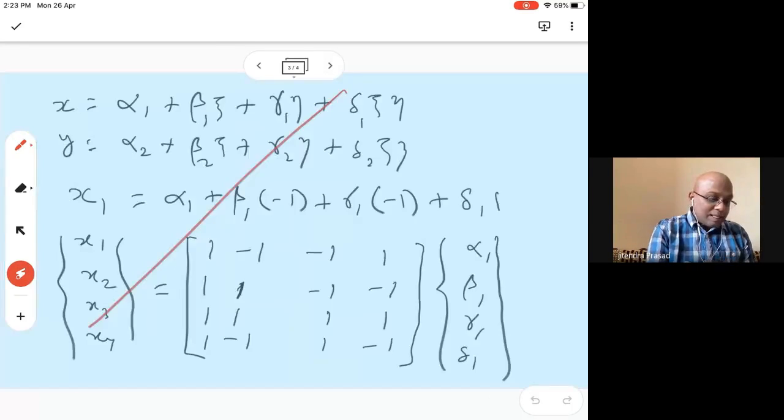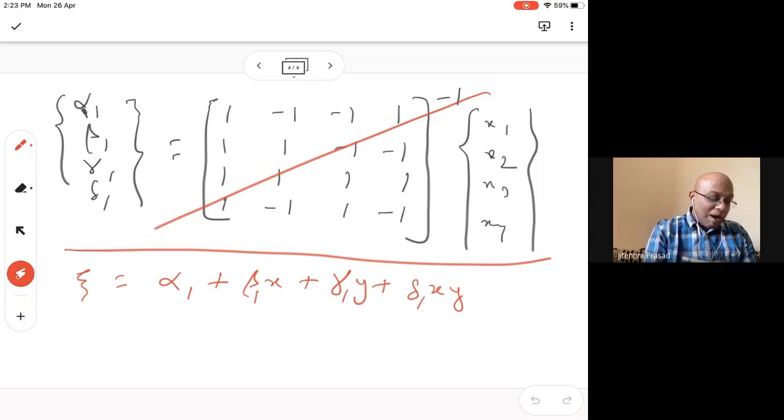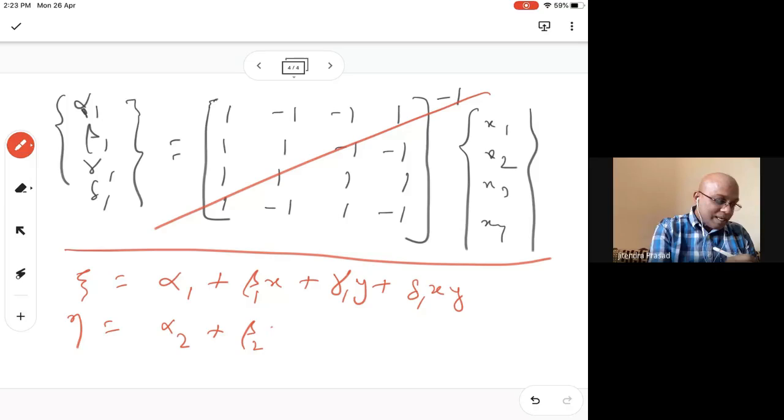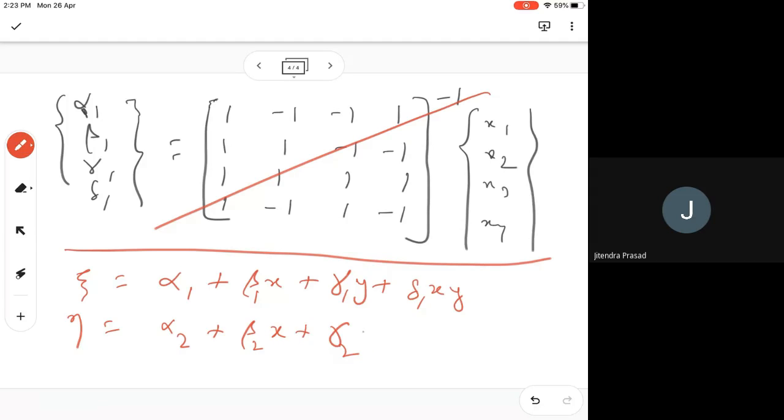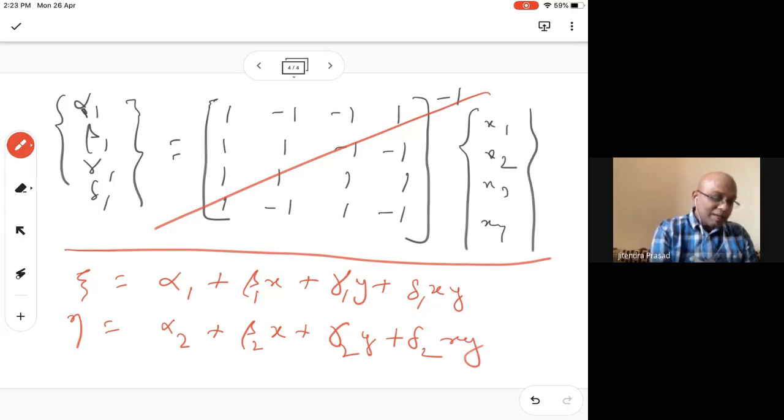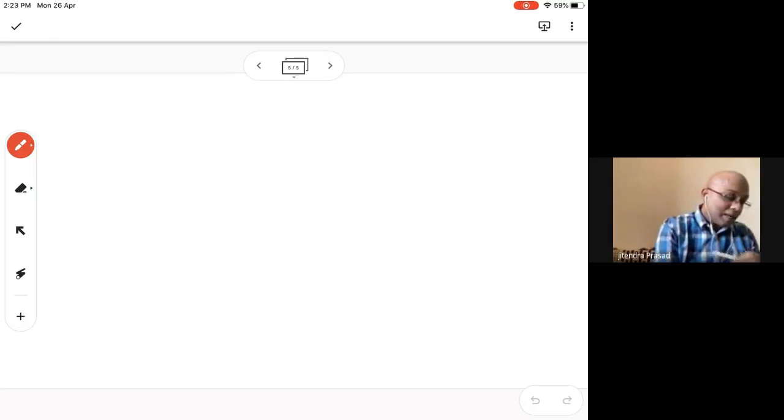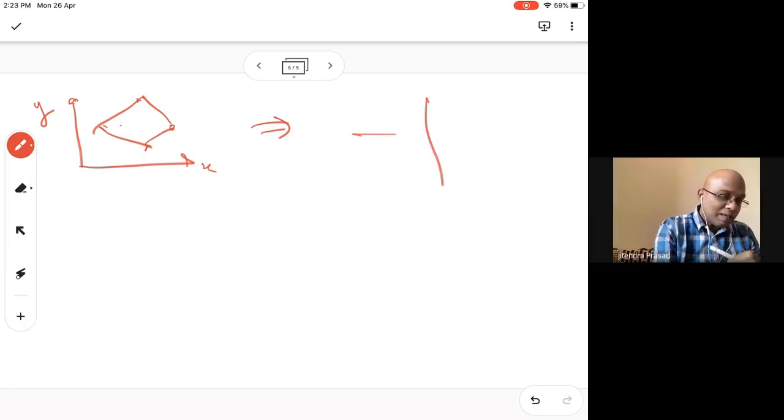So what we are saying here is we can assume like this one, and then this also: alpha 2 plus beta 2 x plus gamma 2 y plus delta 2 xy. This also comes like this one. So we can say it is a transformation, right? Our original transformation was going from here to here, so this is x to y, and for that we use that.